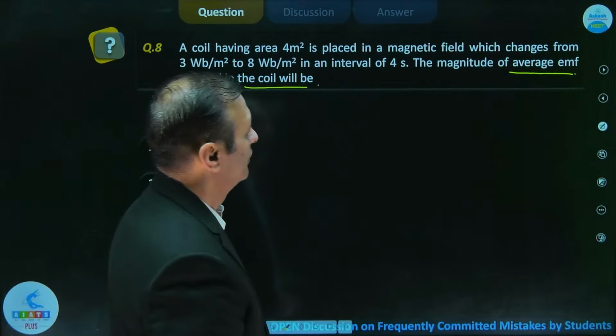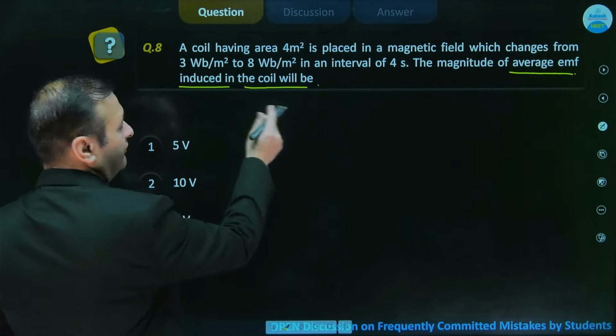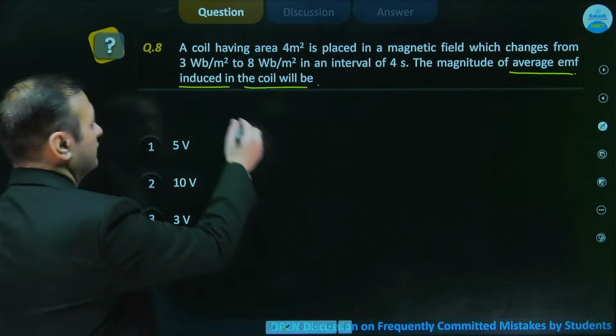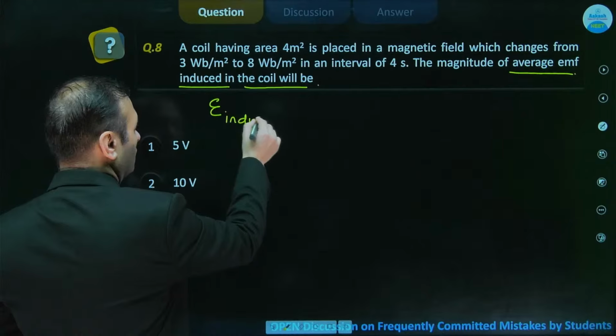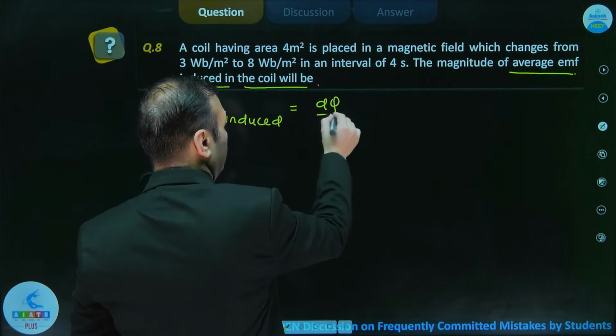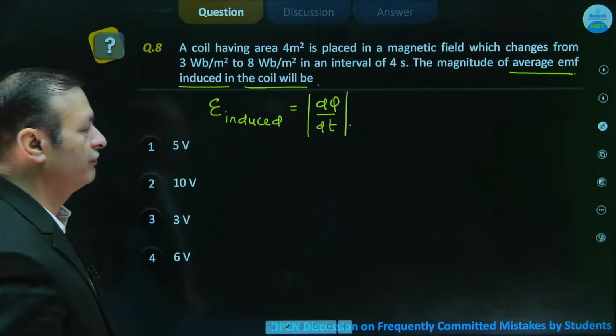Now, first, this is based on your Faraday's law. The magnitude of induced EMF is d phi by dt, that means the rate of change of flux.